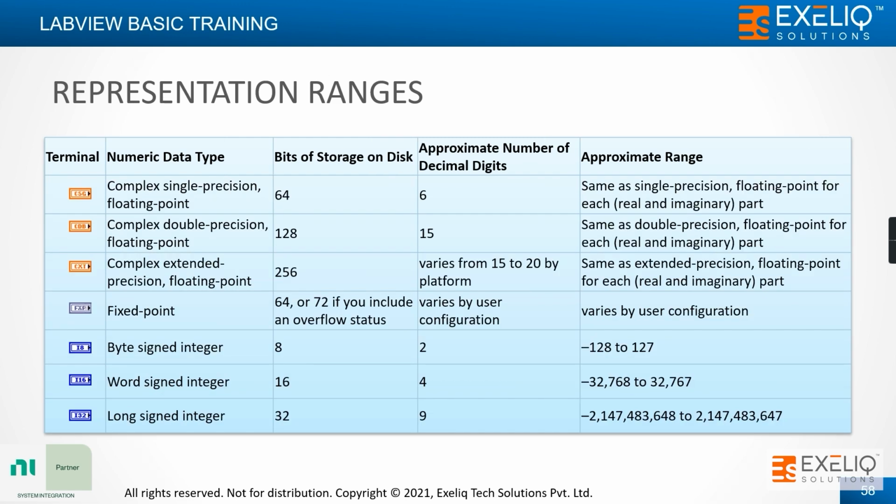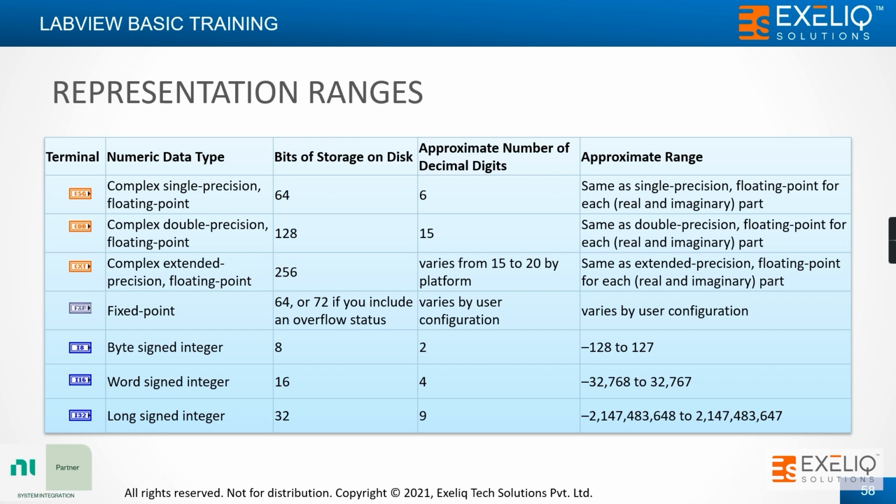Again, then we have complex single precision floating point. Complex is your element data type in which you can have a real and an imaginary part, which is the iota part, right? Again, it takes 8 bytes of memory. It can have 6 decimal digits of data, and so on.